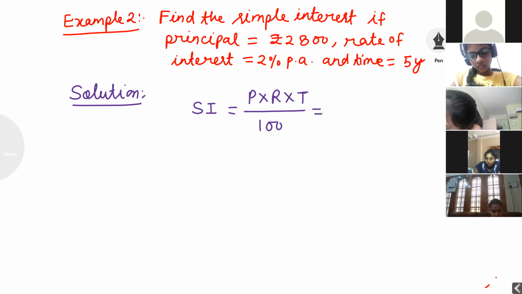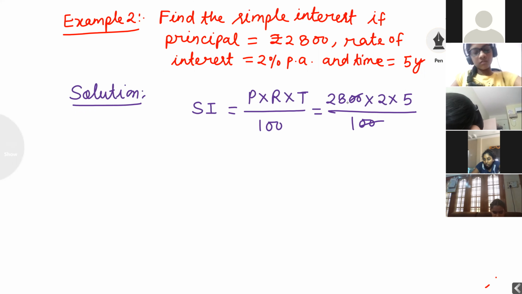Principal he has given 2,800 rupees. Rate is 2% per annum. Time he has given 5 years, divided by 100. 20, 20 cancel. 28 into 5 is 140... 280 rupees.